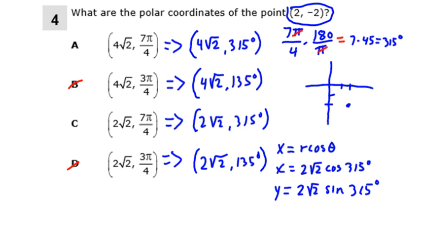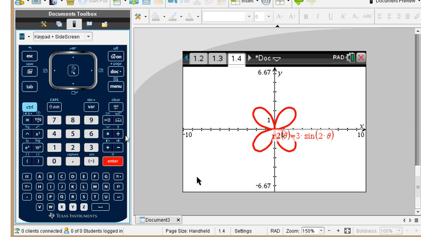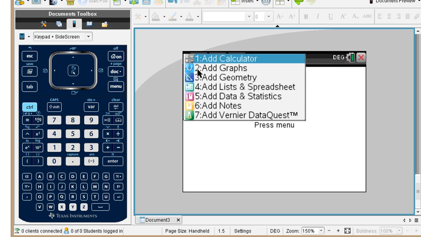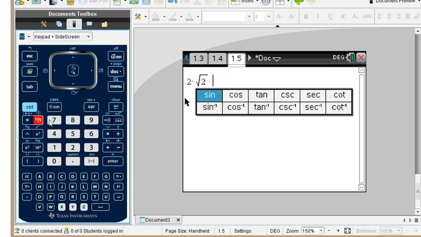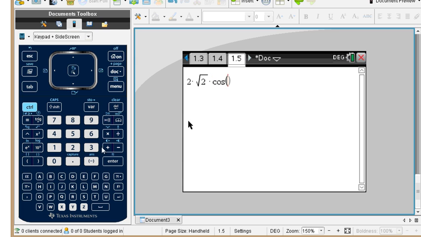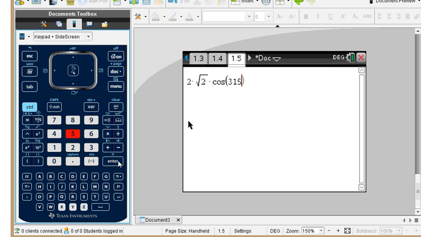So we go over to our calculator again. We go to another page, Control I. We get 2 times square root of 2 times cosine 315 degrees, and we should get 2, I hope.